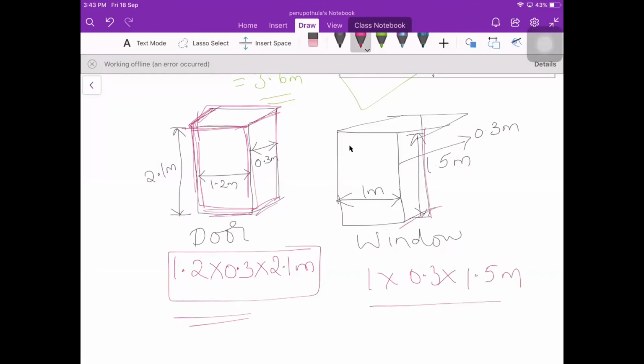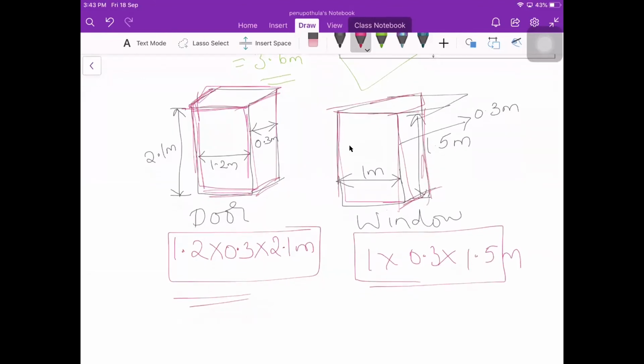So this much should be deducted from the superstructure, a door and a window.